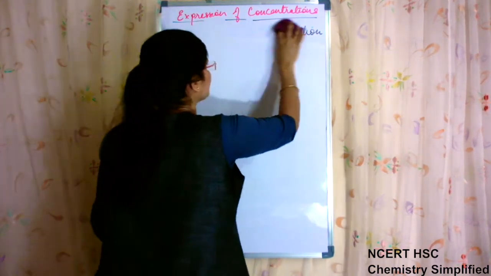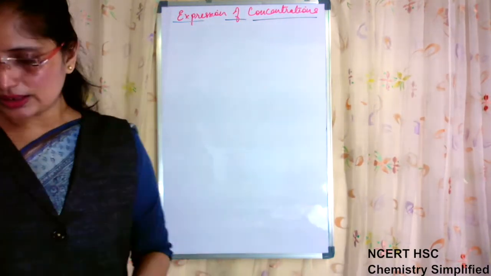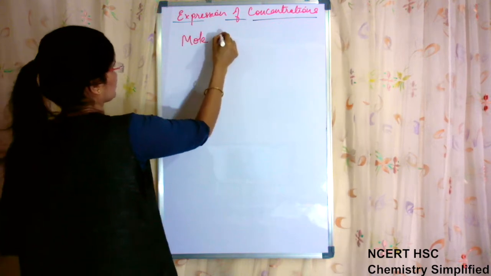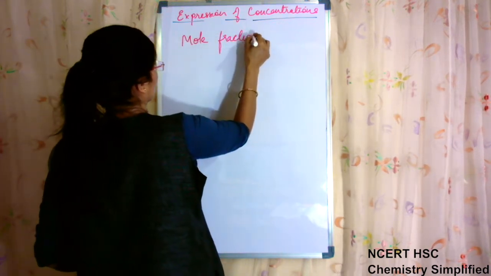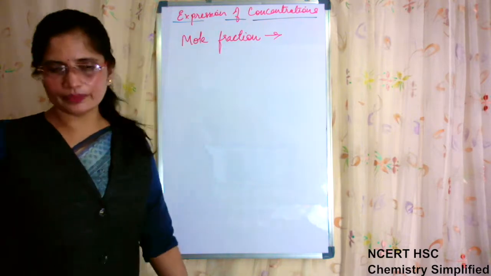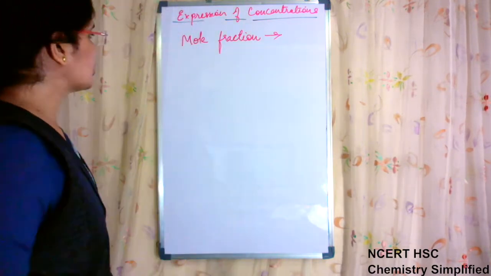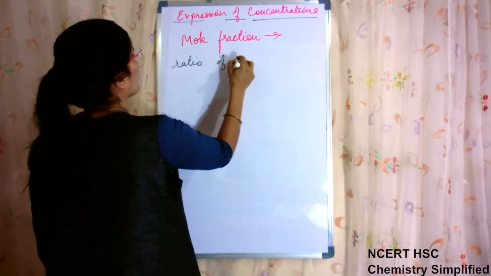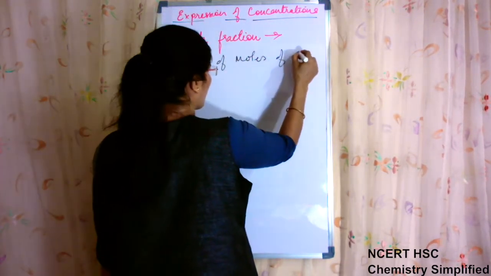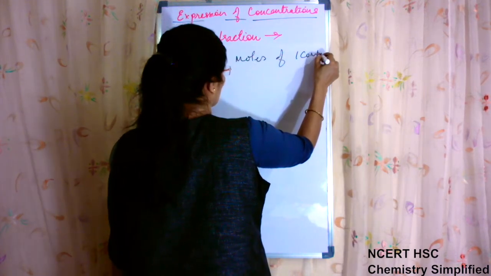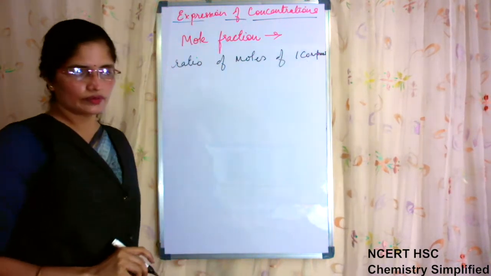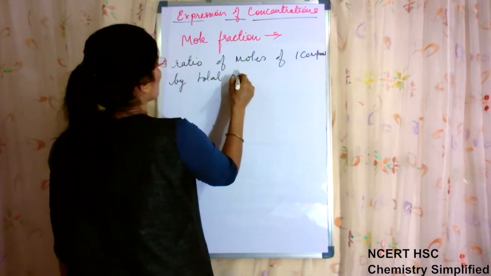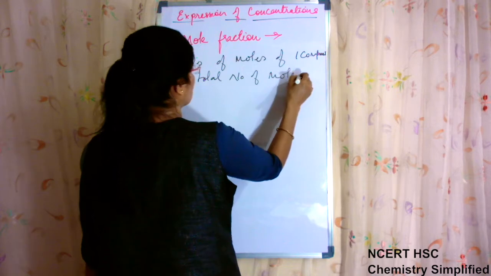Then comes another important method of expression, which is mole fraction. Mole fraction is the ratio of moles of one component, instead of saying solute or solvent, to the total number of moles.